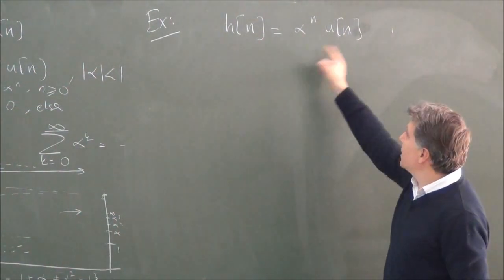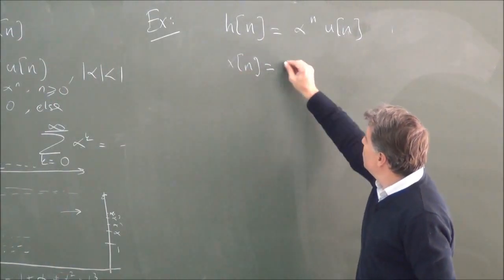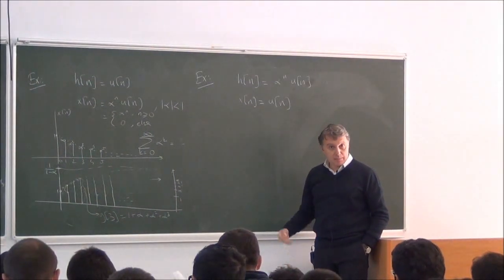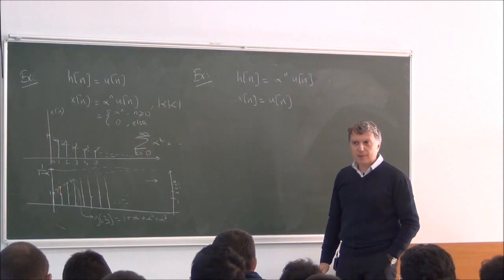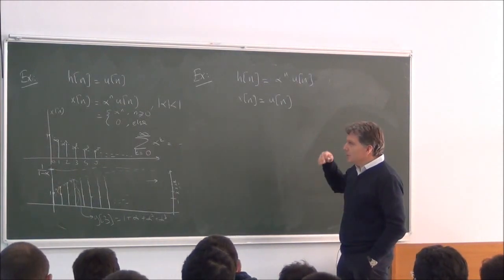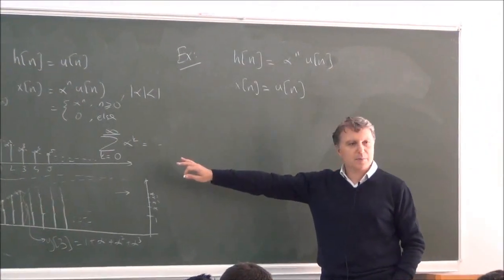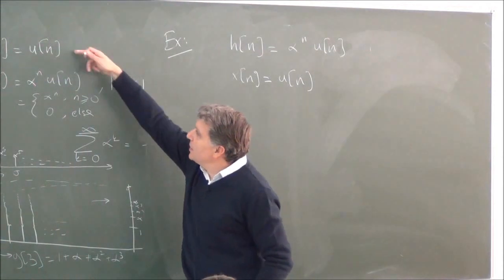This is a system with this kind of impulse response, and now the input is u of n. What is the output? You can certainly say that the output is the same as the previous example, because I just interchanged their roles.